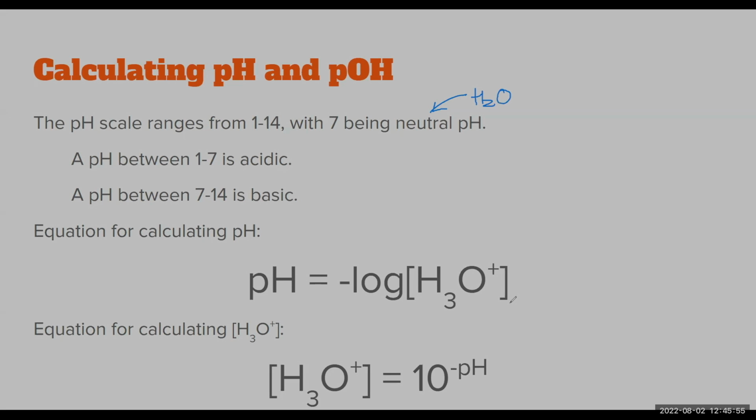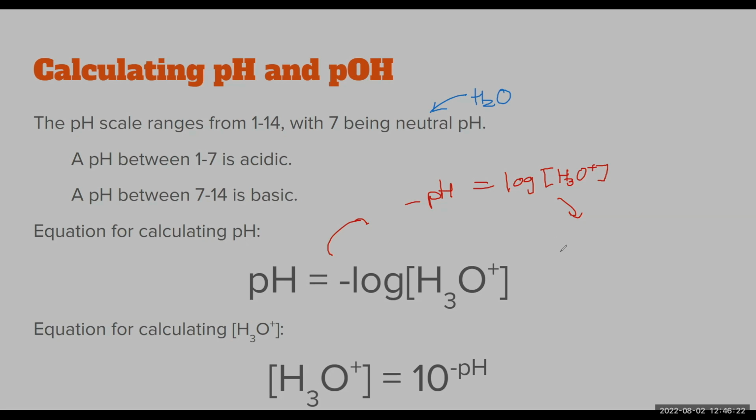Algebraically, how they got here is, if they have the negative sign right here, we could technically move that over. So you get negative pH is equal to log of H3O+. And then remember that log is going to be base 10.